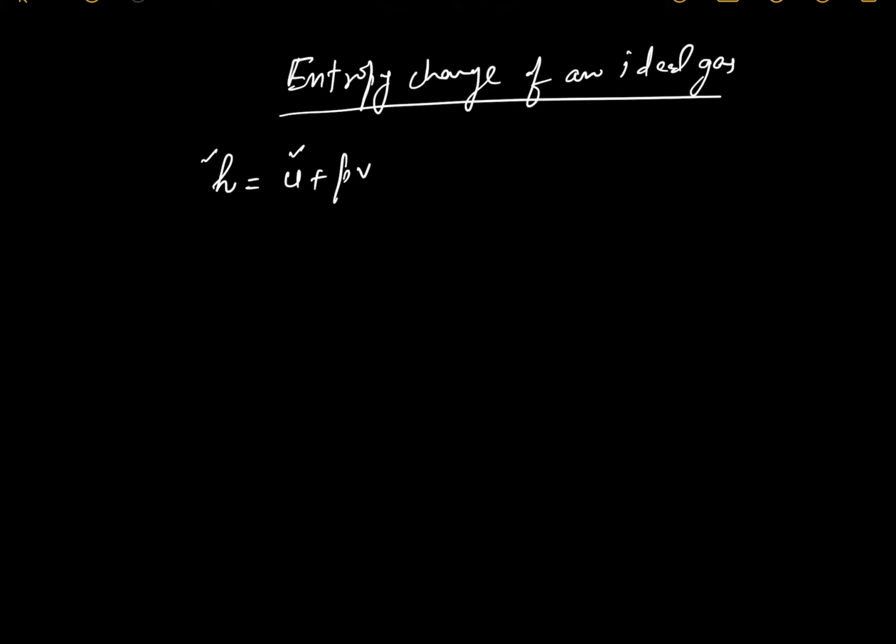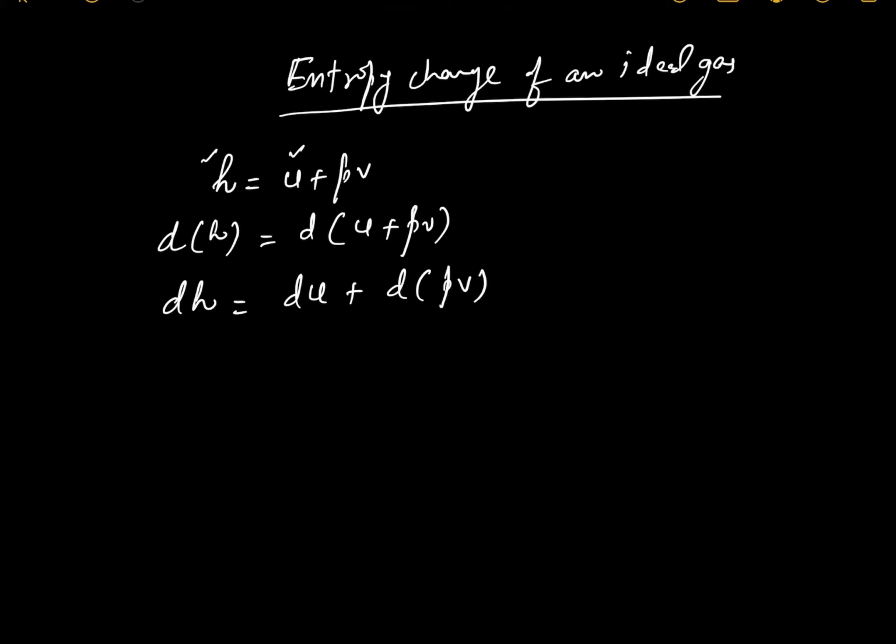So if we differentiate on both sides, we'll get dH equals dU plus, so now we can expand this using the chain rule of differentiation. dH equals dU plus P dV plus V dP.